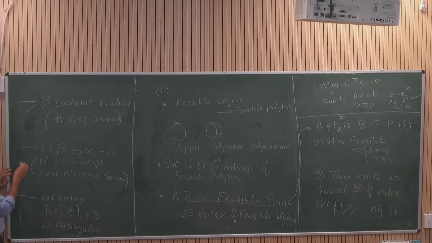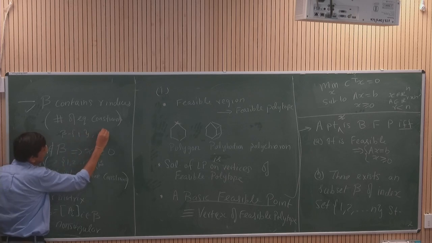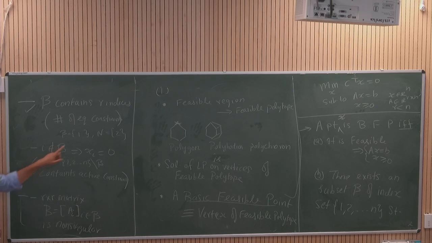Now the more tricky part is if i does not belong to beta, then xi is 0. Let's say B contains 1 and your n contains 2. Then you should force x2 to be equal to 0.